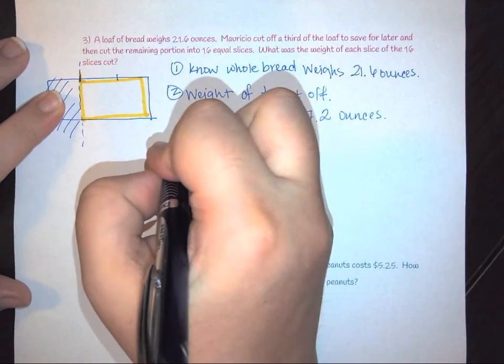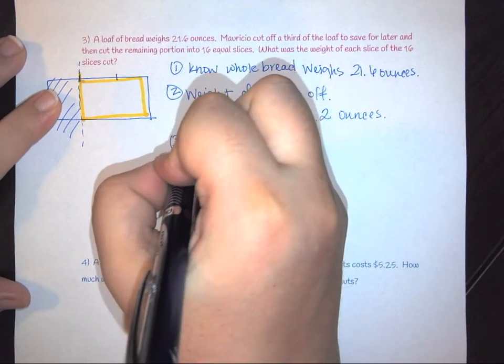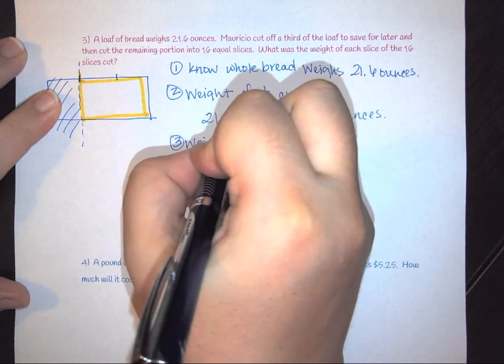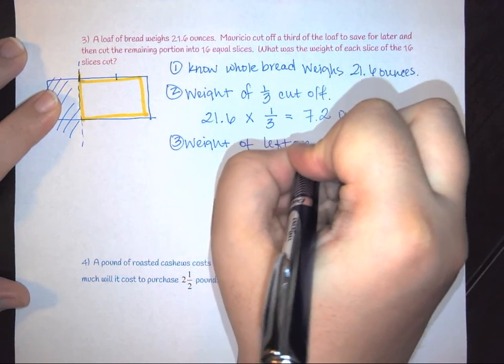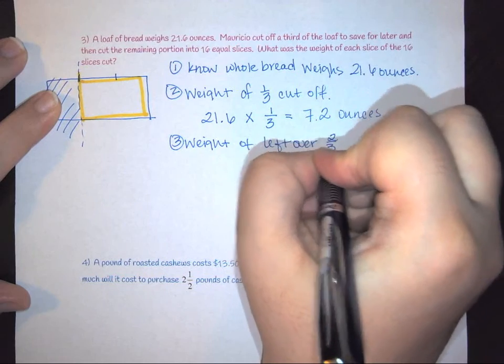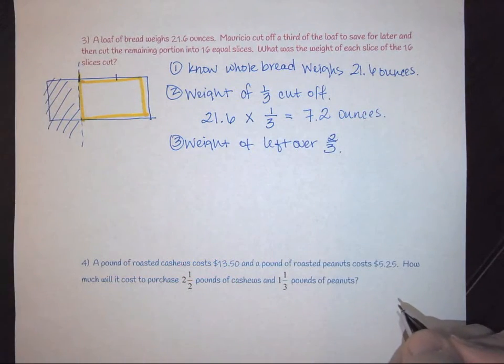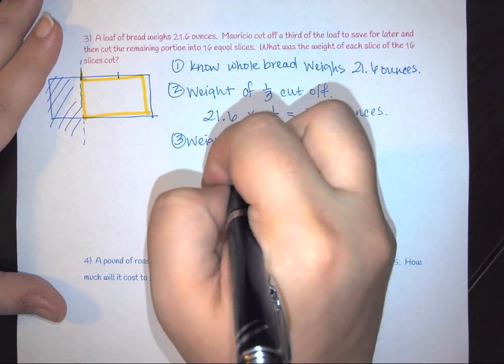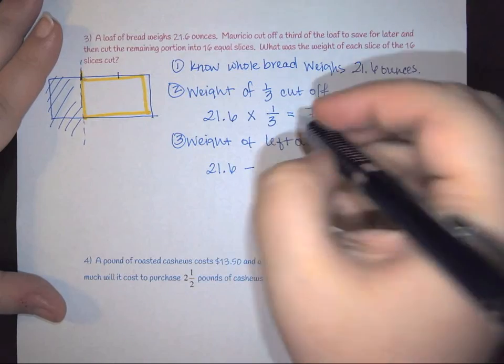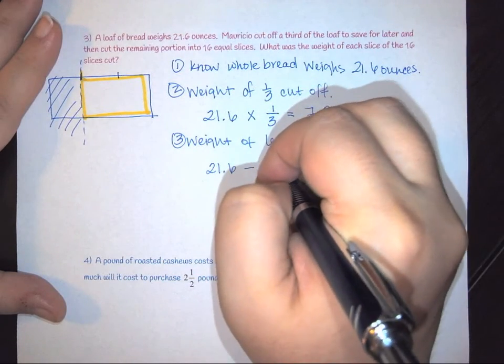So once we know that, we now need to find the weight of your leftover 2/3. So the way we do that is you take the weight of the whole, so 21.6, and subtract the weight of the cut off piece, 7.2.